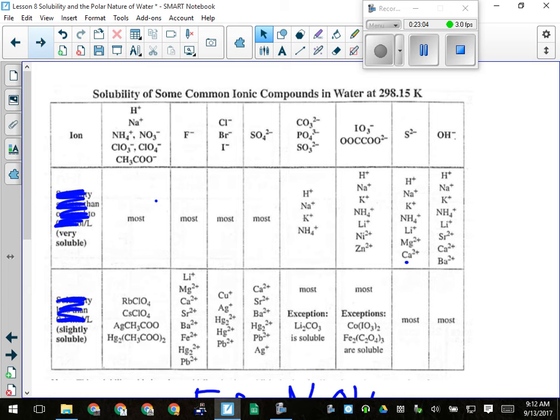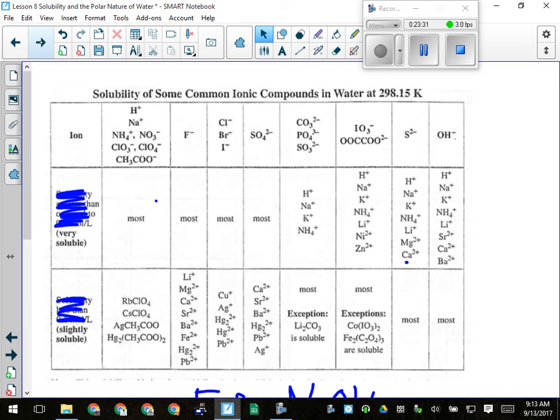These are very soluble with most things. I know that's not great. It doesn't seem very scientific to have a word like "most" on a table, but in this case it works. Down below is a list of the things that it would be slightly or not soluble with. If it says slightly soluble, it essentially means it's not soluble. It would probably form a precipitate.